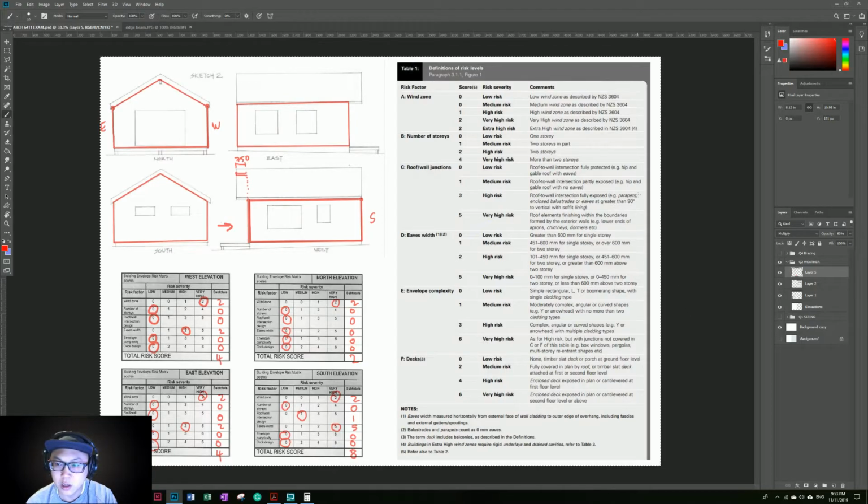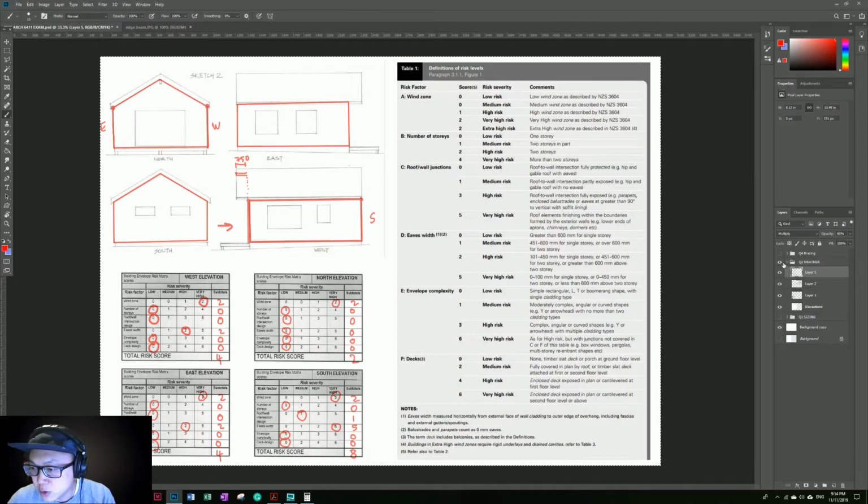So yeah, for the roof junction, I think it's going to be medium. So it's a gable roof with no eaves, because there's no parapets, there's no enclosed balustrade. Okay, so that's question 2.